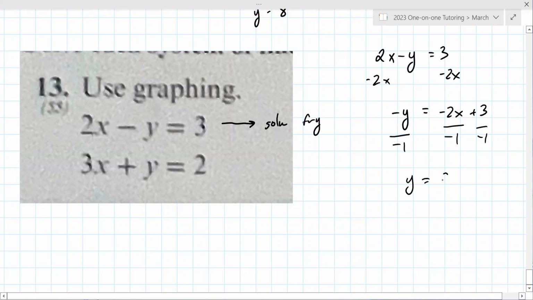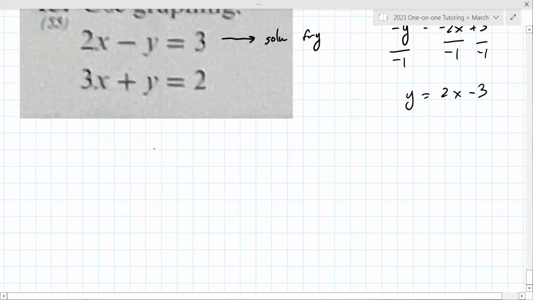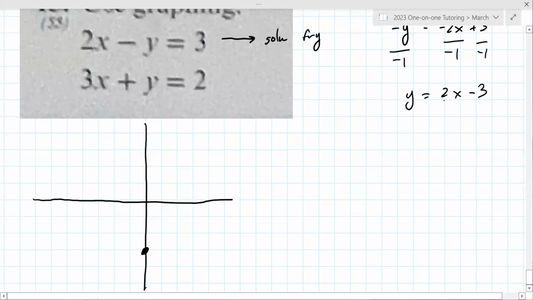So y equals 2x minus 3. The reason you want to solve for y is it just makes graphing a lot easier, because you've got the slope and the b value now. So the b value is -3, and the slope is really 2/1. So from that b value, you go up 2, right 1 each time, and you get some points there.